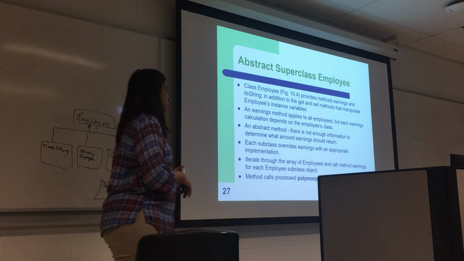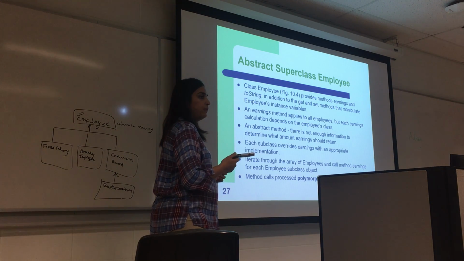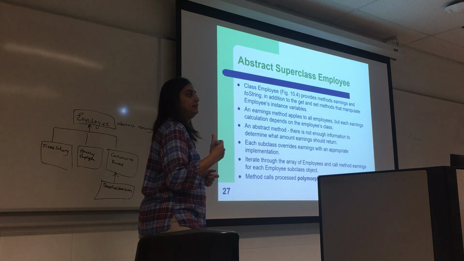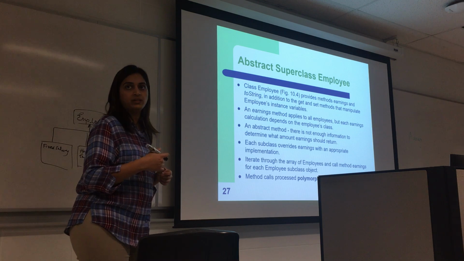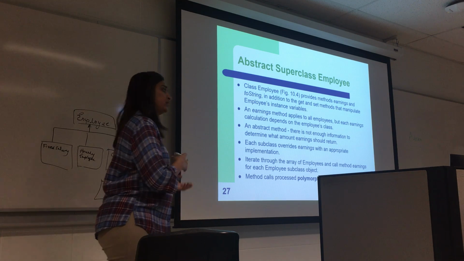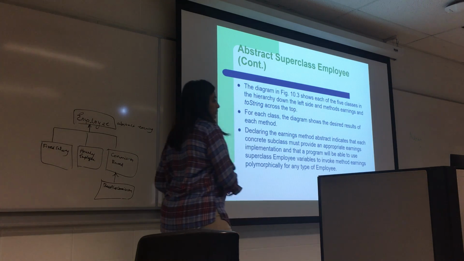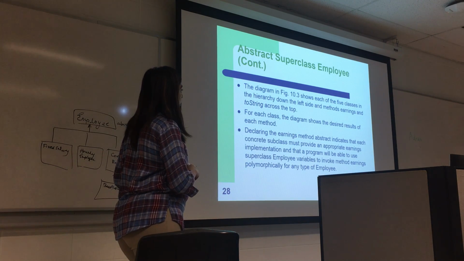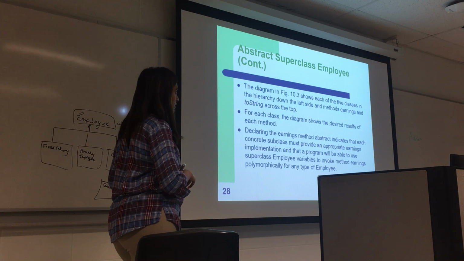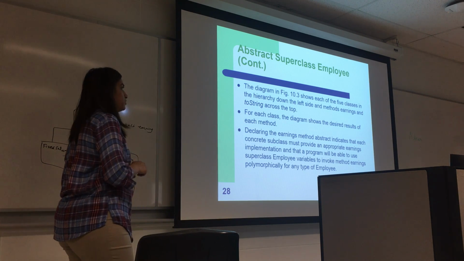Method calls process polymorphically. Just now we saw how we created an array of commission employees, and how polymorphically it called the toString, it called the earnings, and it calculated the earnings for that particular type of employee, right? Now this diagram shows each of the 5 classes in the hierarchy down the left side, and methods earnings and toString across the top.